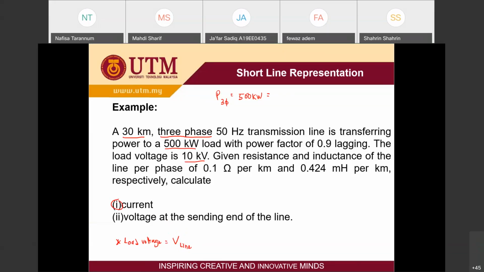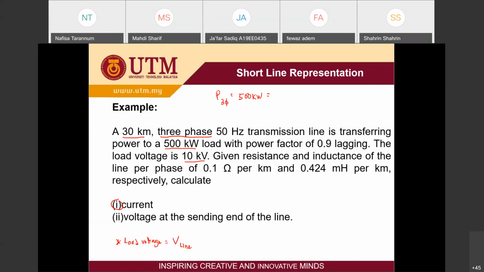I know that sometimes the students are confused about which parameters need to be used, right? But in a test or in the final exam, you can always ask the lecturers or the invigilator to seek clarification whether the voltage is line or phase.